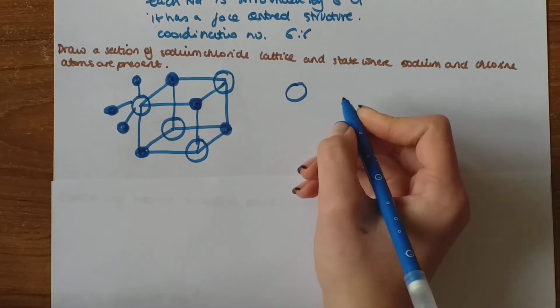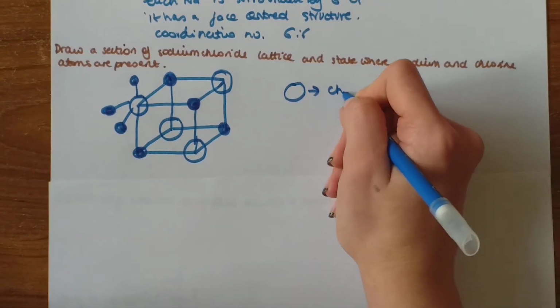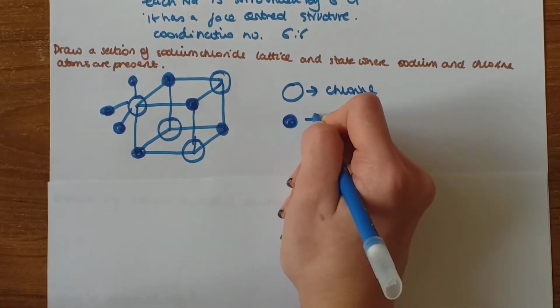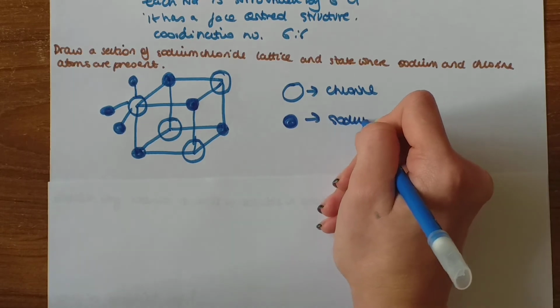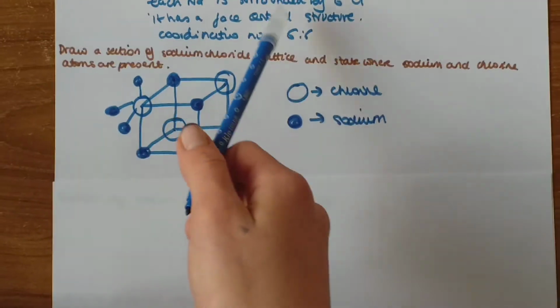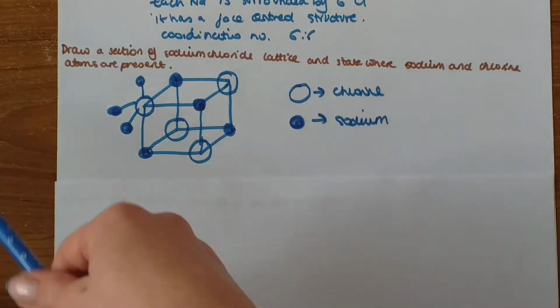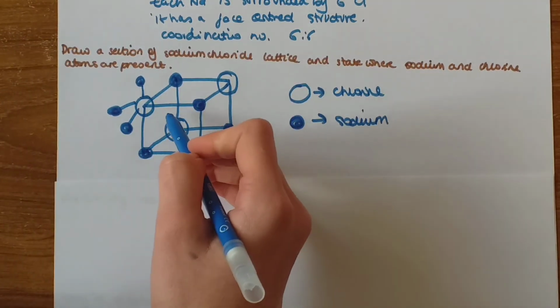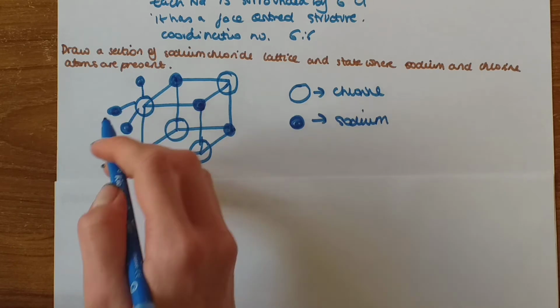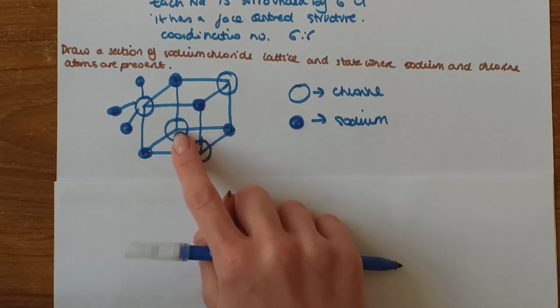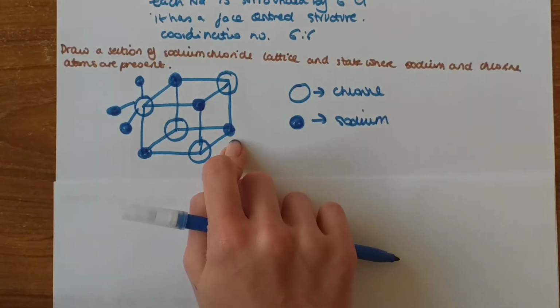The big ones are our chlorines, and the small one is our sodium. So as I told you, each sodium is surrounded by 6 chlorines, and each chlorine is surrounded by 6 sodiums. So we've got 6 sodiums surrounding the chlorine. And then if we have a sodium right here, we have 1 chlorine, 2 chlorines, 3 chlorines.